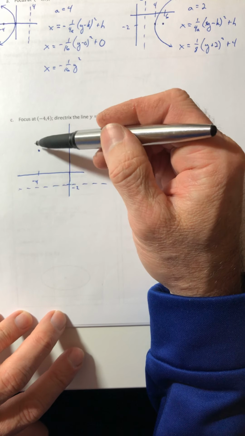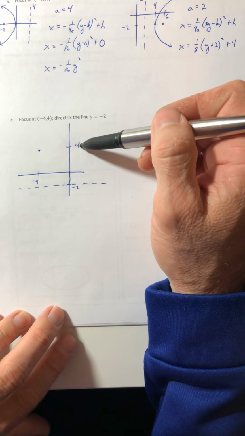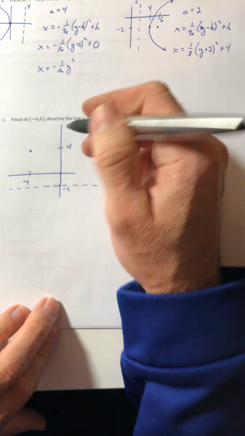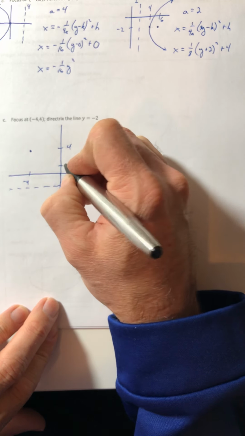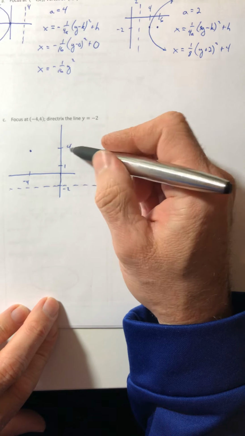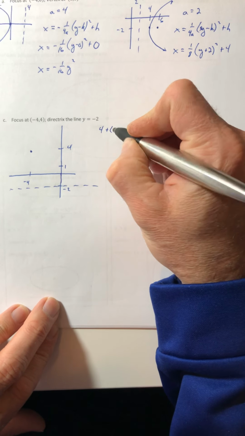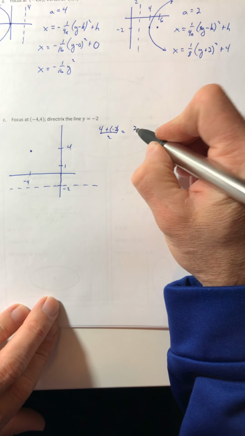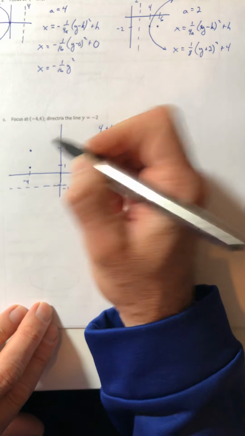So that means the vertex is going to be somewhere in between them. So you have to figure out, well, what number is in between 4 and -2? And that would have to be 1. Anytime you want to know what's in between two numbers, just take the average. So add them together, and you get 1. So there is your vertex.